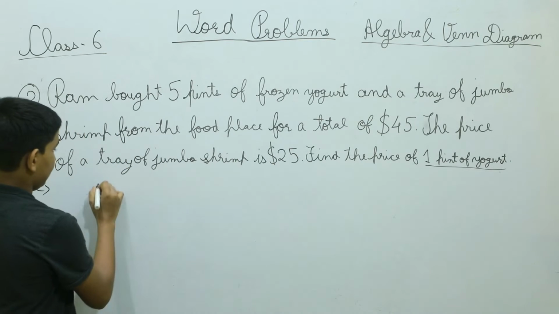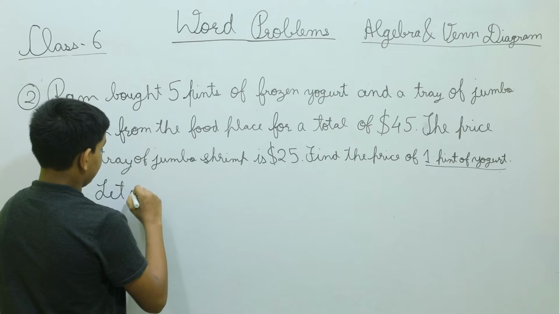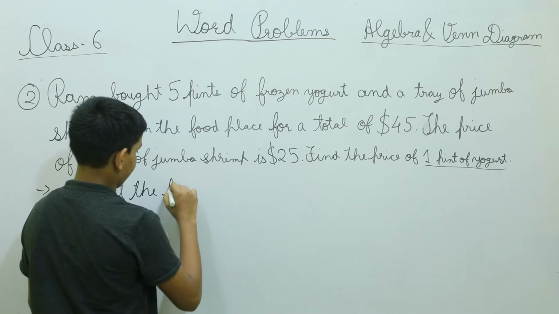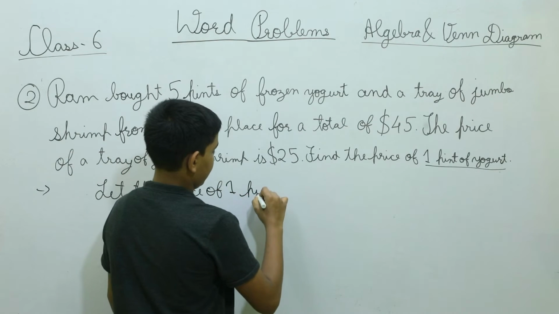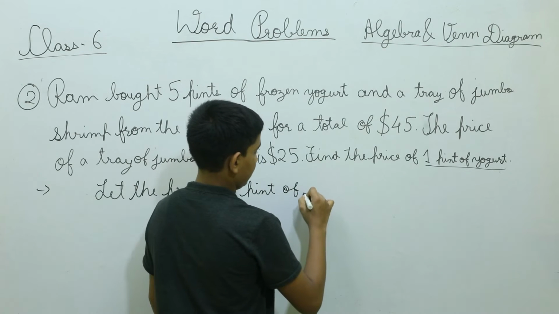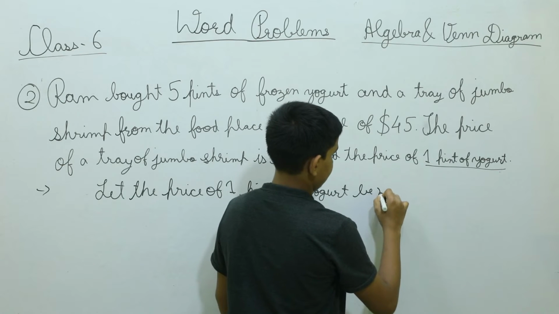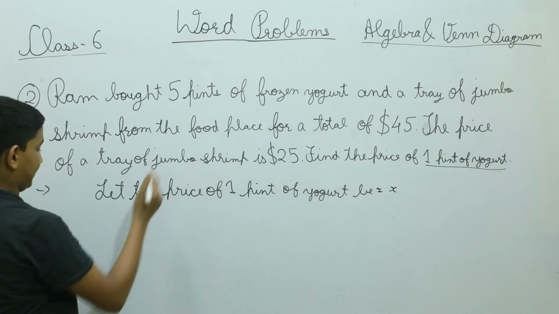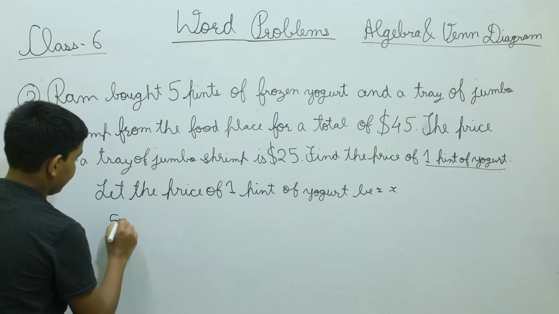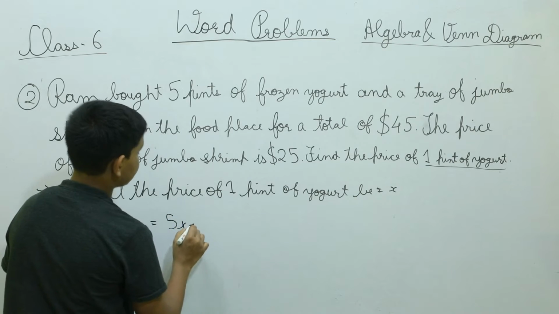So our first statement should be, let the price of 1 pint of yogurt be x. Now because there are 5 pints, so we'll multiply 5 with x, which will turn it into 5x.